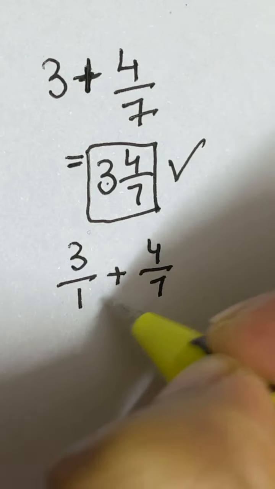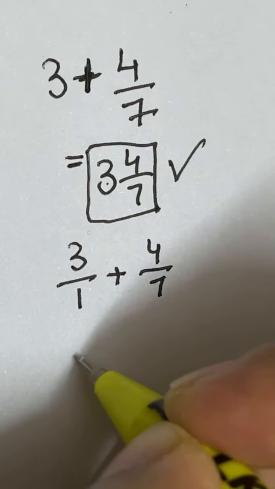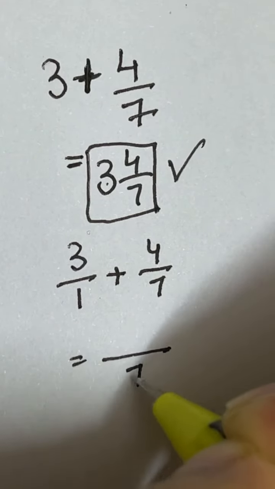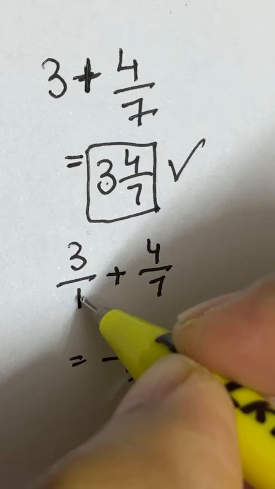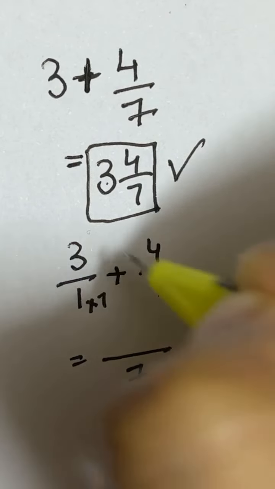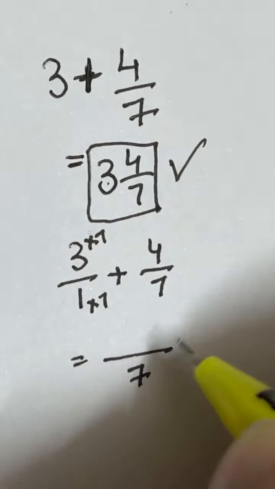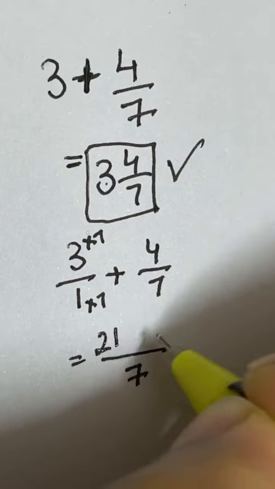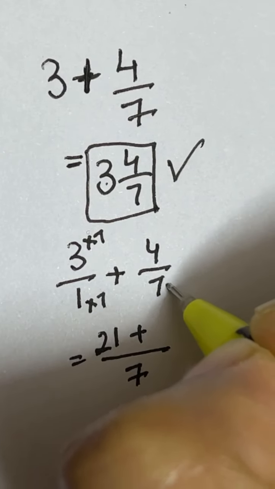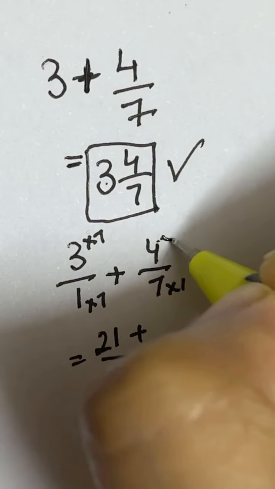You make the denominator the same by taking the LCM, which would be just 7. And then how would you make this 1 equal to 7? You multiply it by 7. The same thing, you multiply it with the numerator. So 3 times 7 gives you 21, and here you just need to multiply by 1 as it's already 7.